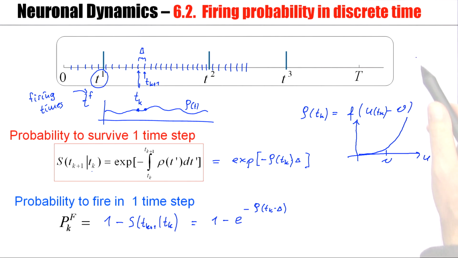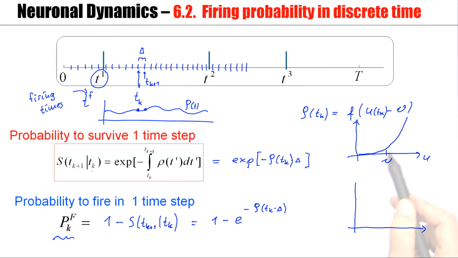It just goes up to infinity. It does not saturate. Now, if you evaluate this finite time step probability, you take this unbounded f, you plug it into this formula here, then this probability of firing is bounded to 1, as it should be.